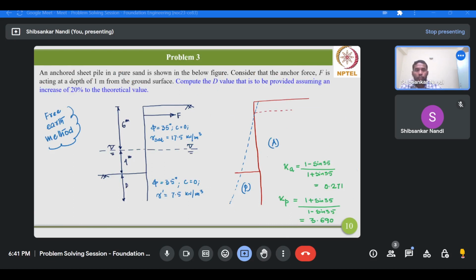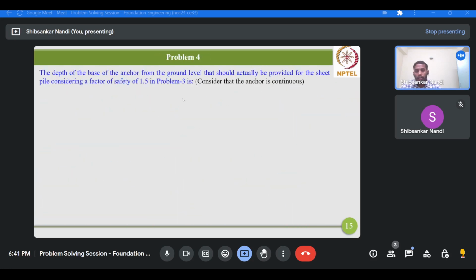Earlier we have considered the depth of this anchor as 1 meter from the ground surface. This was given in the problem statement itself. However, we can calculate this anchor depth by following this philosophy.